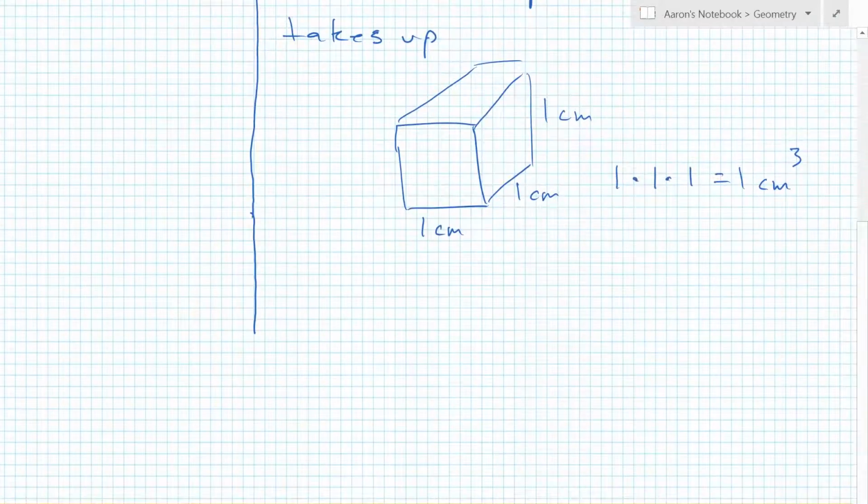Now, we have talked a lot about the difference between regular and oblique.